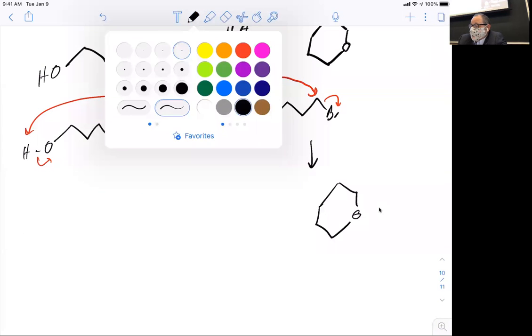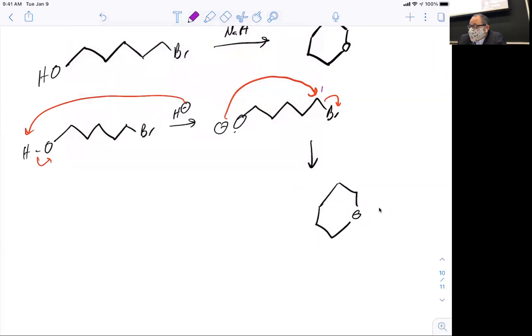we number these out. This is always a good idea. So we go 1, 2, 3, 4, 5, 6.